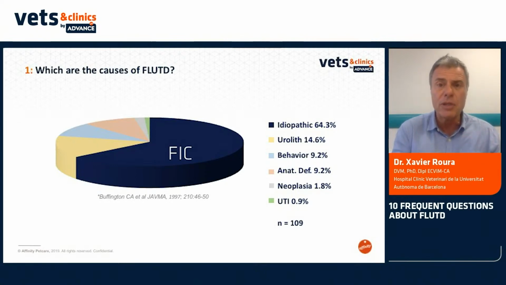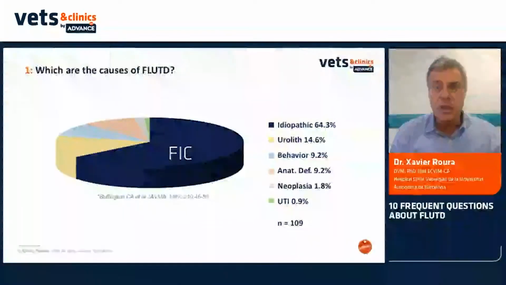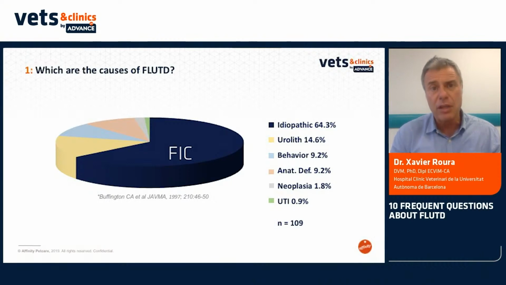These other possibilities are urolithiasis, changes in behavior, some anatomical deficiency, neoplasia, or even urinary tract infection. So we find in this part other different diseases, but the majority of the cats have feline idiopathic cystitis.